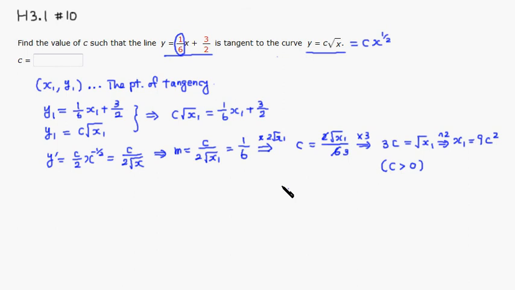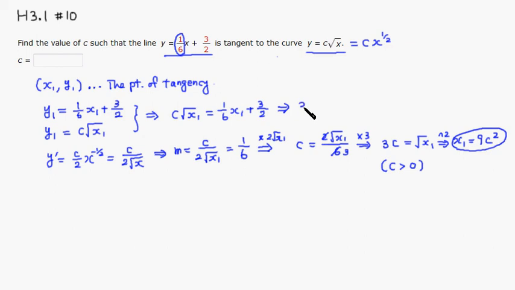If that's the case, we can plug it into the first equation to get a condition on c. Since x1 is 9c squared, we put that in here. So c times square root of 9c squared would be 3c squared.